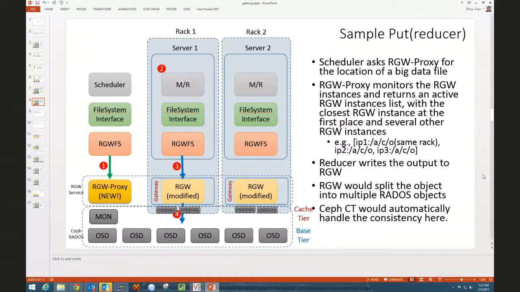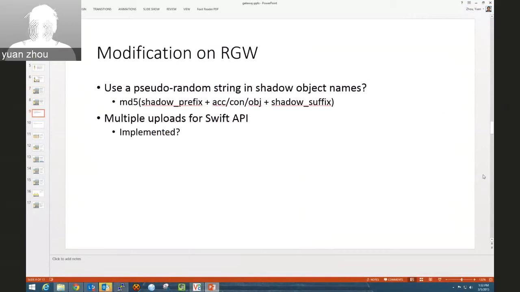So if objects are not going to be overwritten, then you can probably do some kind of tweak where the names of the Rados objects are deterministic, at least deterministic for that specific run. Yeah, exactly. Let me turn to the next page. We'd like to discuss with you guys the modification on the RGW side.